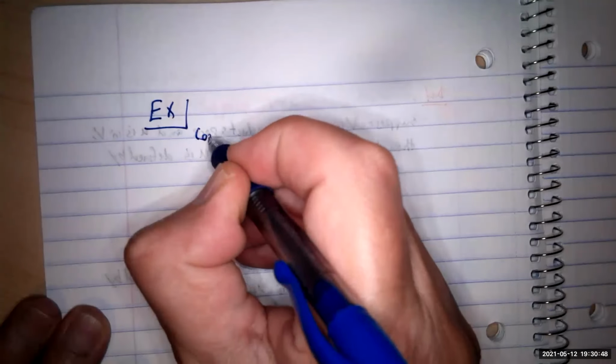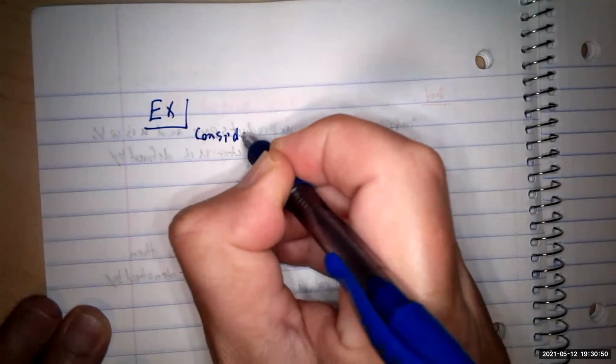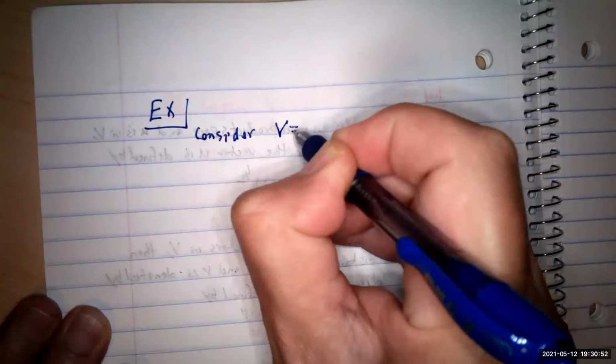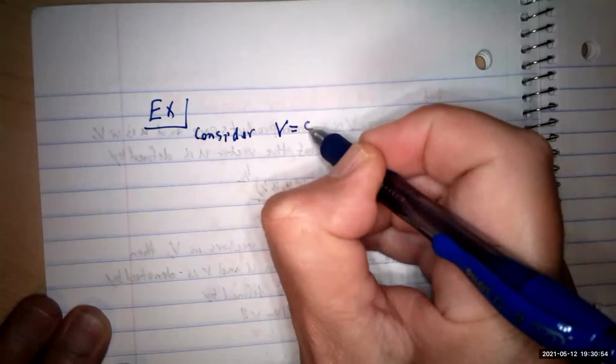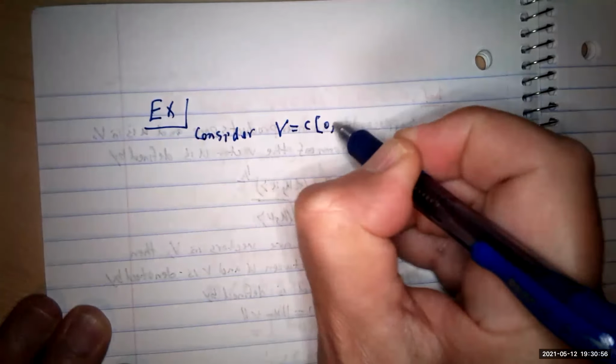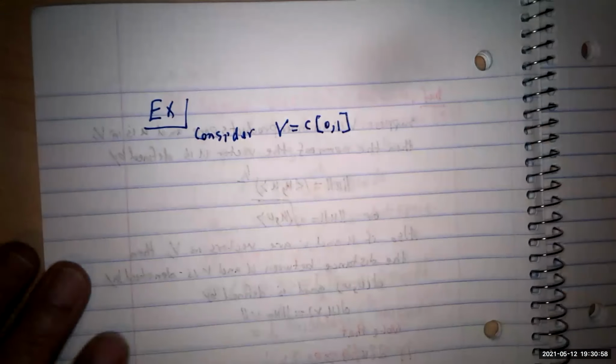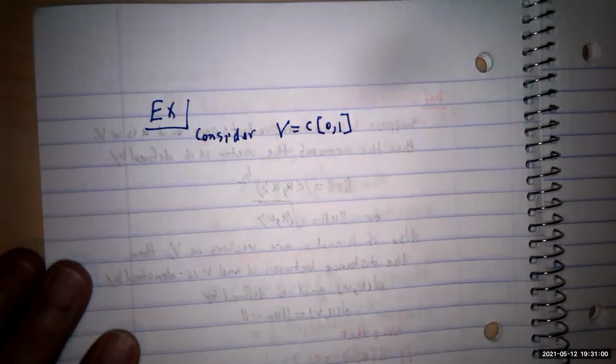What we would like to do is consider the vector space of all continuous functions on [0, 1]. You must know quickly what we are talking about.